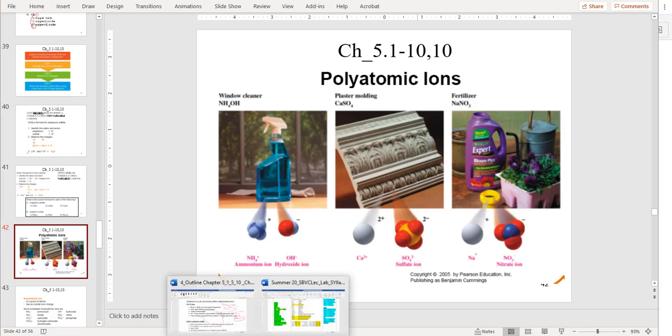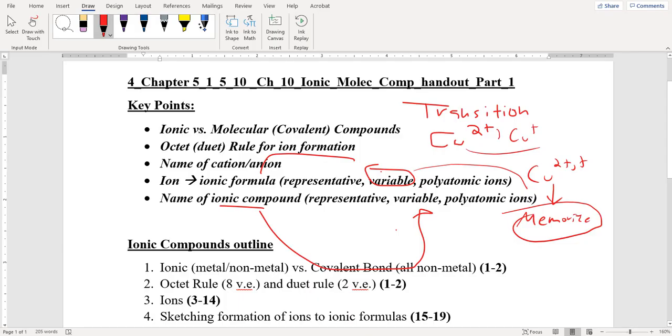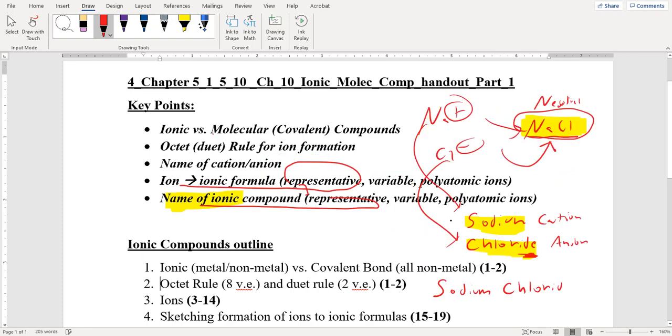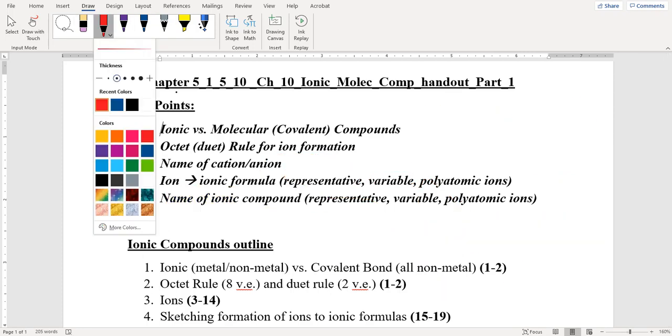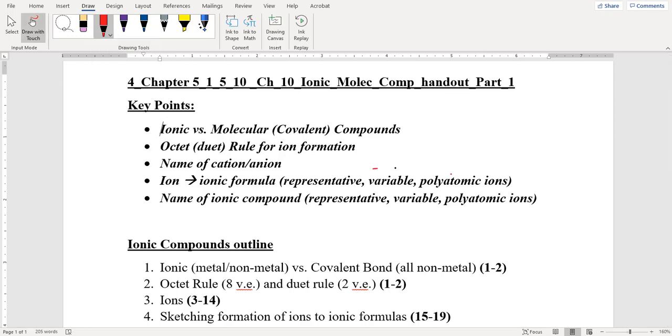Going back to our outline, we talked about ion to ionic formula, variable, name of ionic compound for variable ions, and now we're going to get into polyatomic ions.